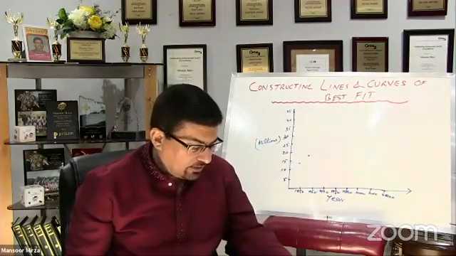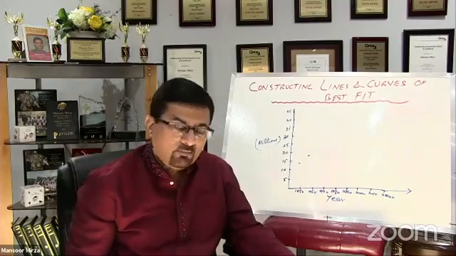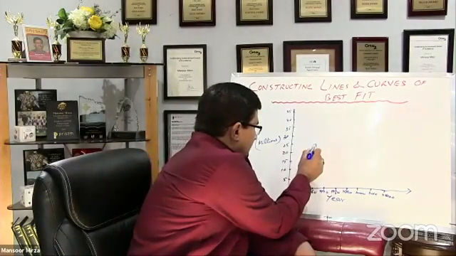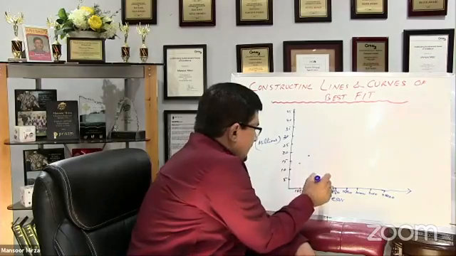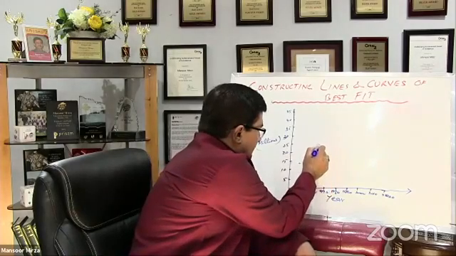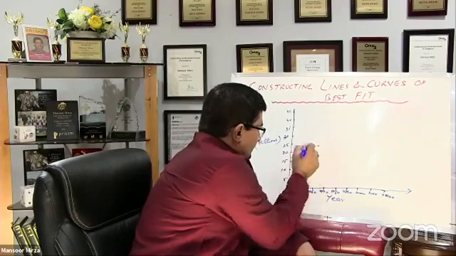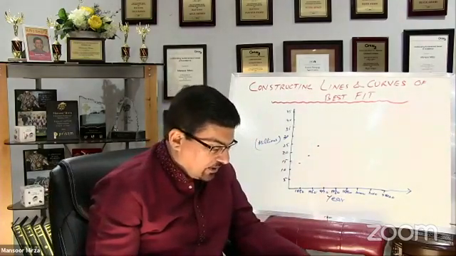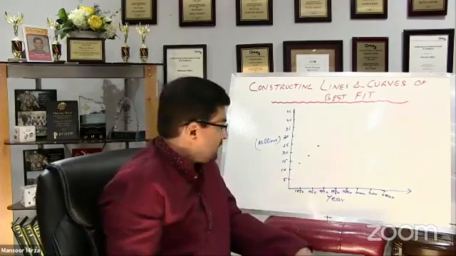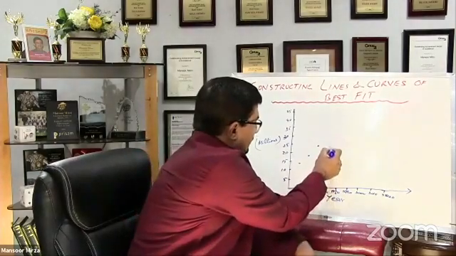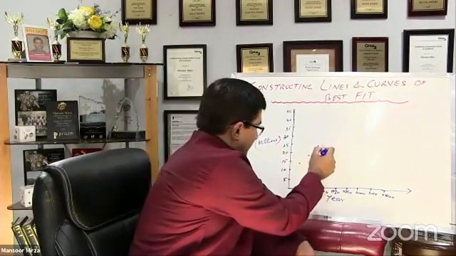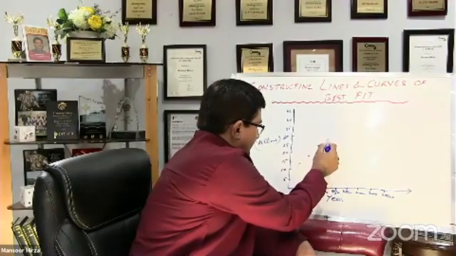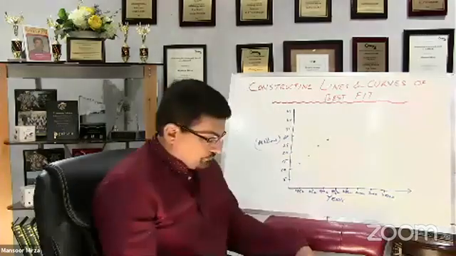Then in 1970, it was just shy of 25 million, so it might come up around this number. Then in 1980, it was just over 25 million, so it might be somewhere at this number.